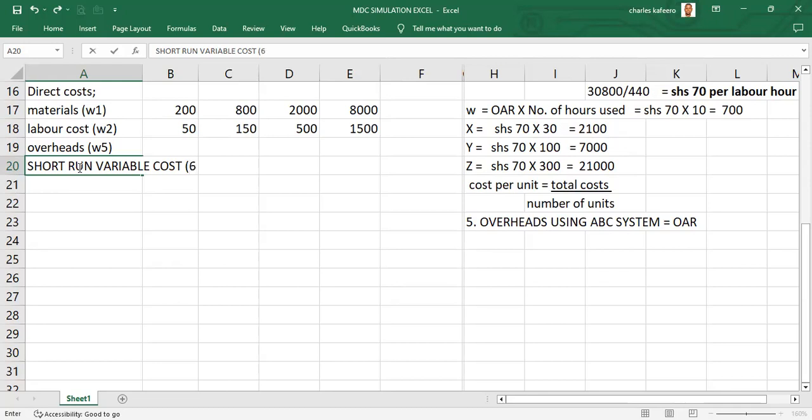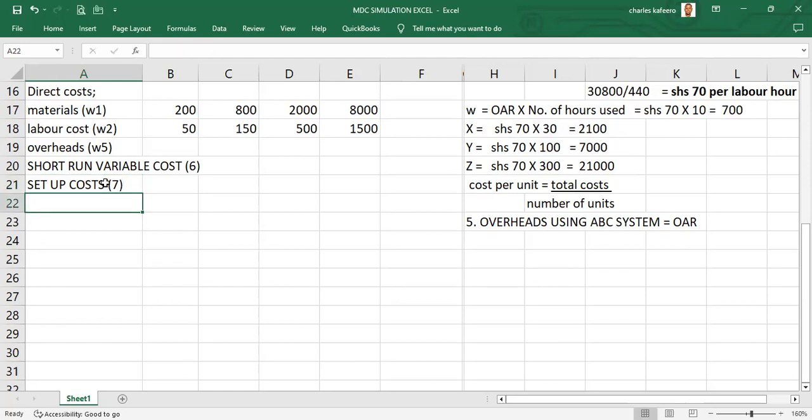Then we have the setup costs, it's going to be working 7.